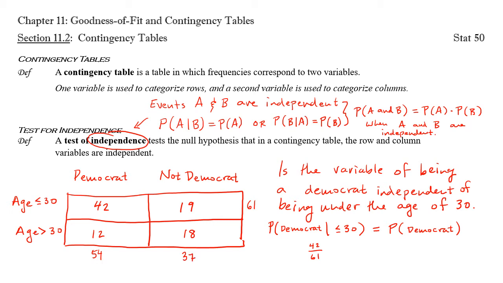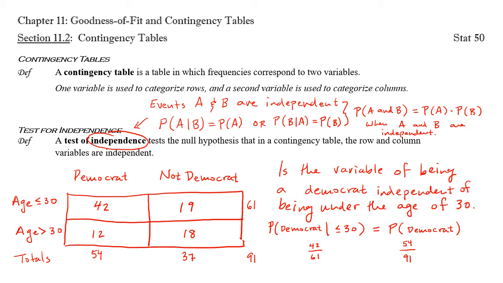And then altogether the grand total would be 54 plus 37 is 91. So now looking at the totals, I have 54 that are Democrat out of a total of 91. So I have a 54 over 91 probability that somebody in the whole group is a Democrat.